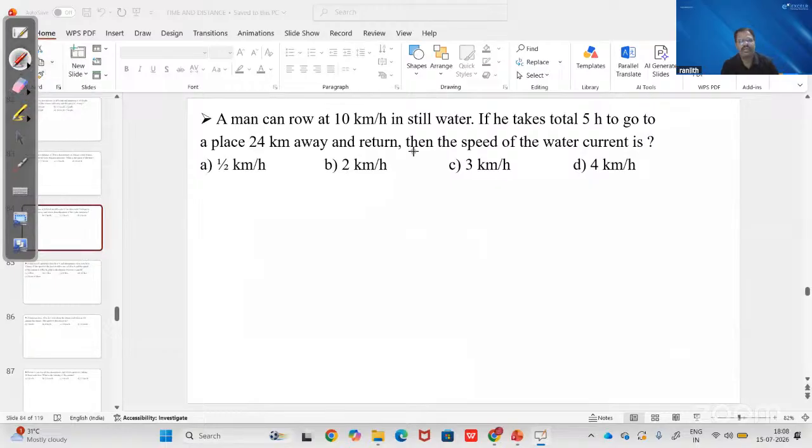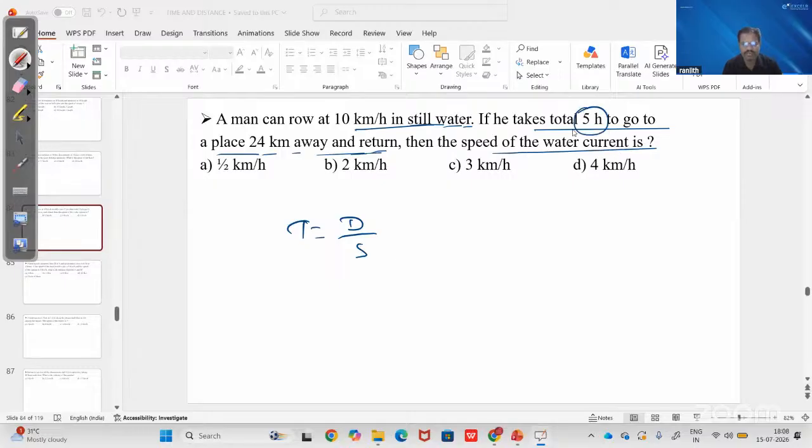A man can row 10 kilometers per hour in still water. If he takes 5 hours to go to a place 24 kilometers away and return, then what is the speed of the water current? Time equal to distance by speed.